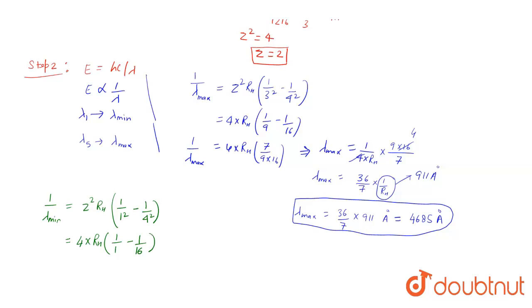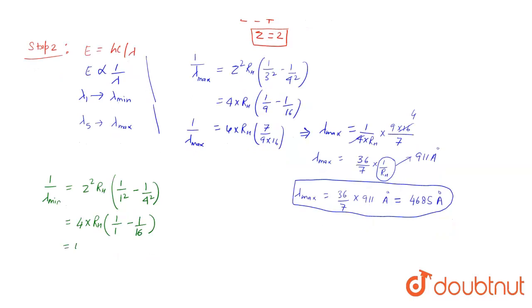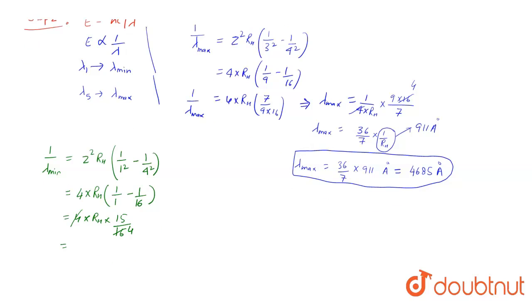So it will be 15 by 16. So 4 into RH and 16 minus 15, that is 15 by 16, and it is 4, that is 15 by 4. RH into 15 by 4, and this is 1 upon lambda minimum.